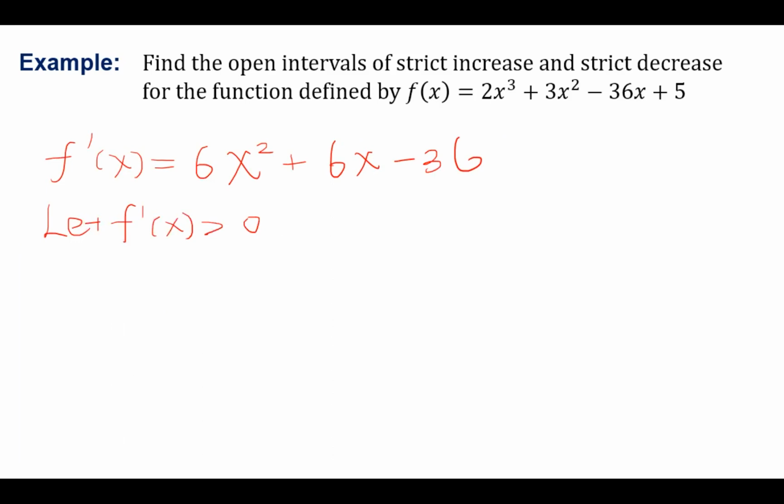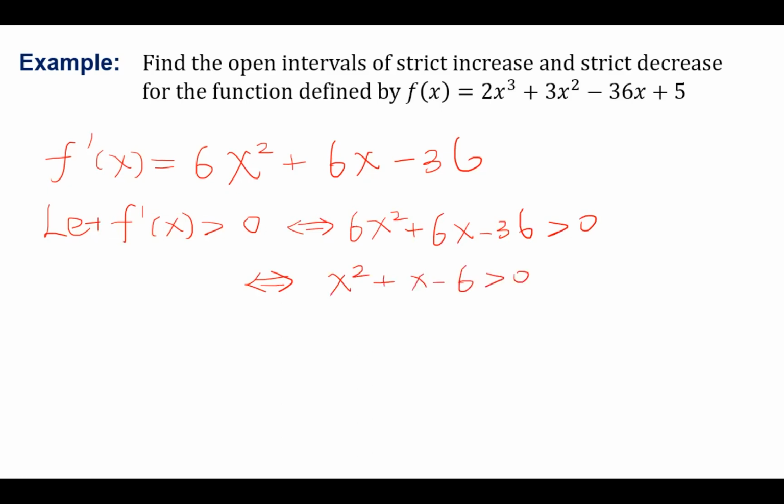If you can find any interval that the first derivative of f(x) is greater than 0, then that interval is a strict increasing interval, right? Okay, so this is equivalent to 6x squared plus 6x minus 36 is greater than 0, which means x squared plus x minus 6 is greater than 0, right?